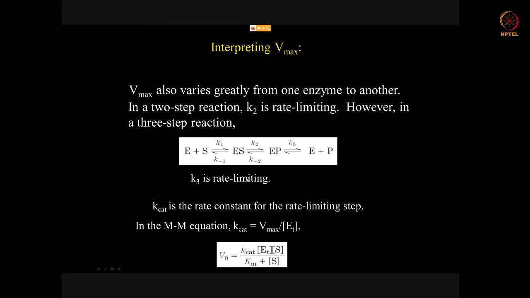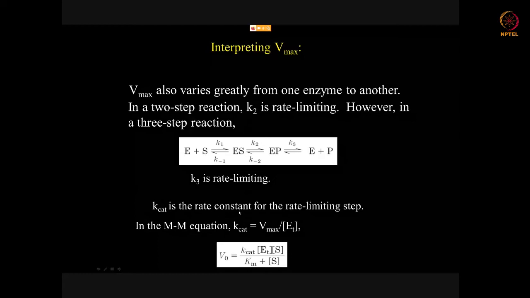And where this leads us to a term called Kcat. So in this particular experiment, K3 is Kcat. And if you have more, K4, K5 and so on, then whichever one is rate limiting, that rate limiting step's rate constant would be the Kcat.